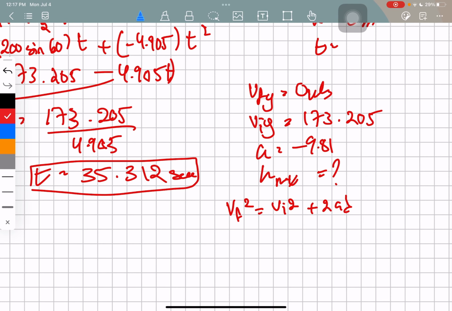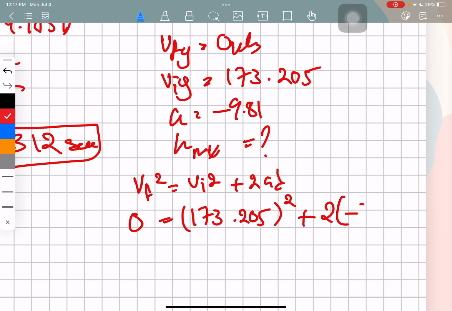So 0 is equal to 173.205 squared plus 2 times negative 9.81, but instead of D I'm going to have an H, so that's your H right here.